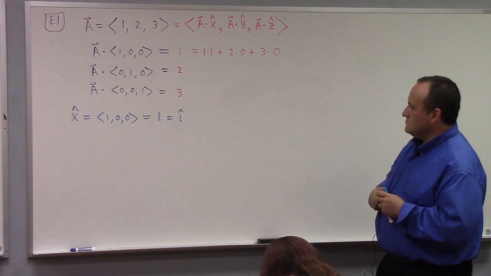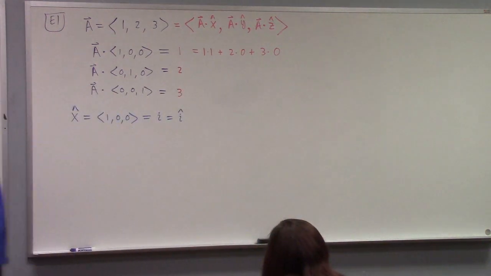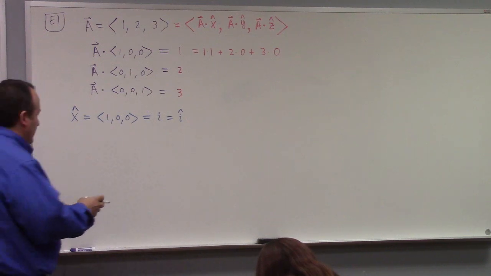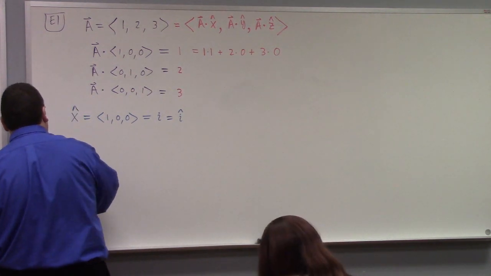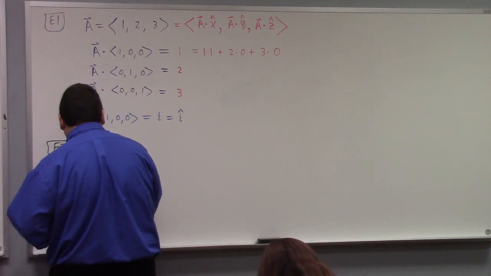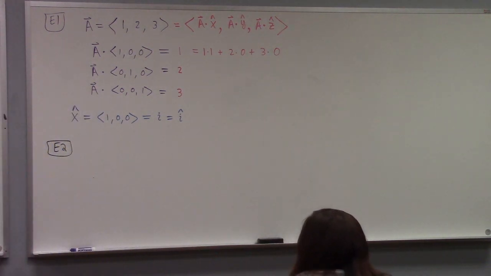Now, this brings me to a definition. Well, before I get to a definition, let me state a problem, example 2. All right, so I'll do it kind of generically, but suppose you've got a vector, oh, that's where I'm going to get into trouble.